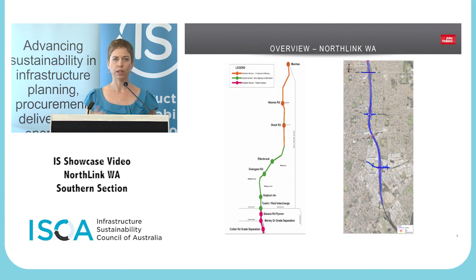So, for example, for the NorthLink project in the southern section, it's quite an urban area, and so that has challenges to do with connectivity and urban design and construction under quite heavy traffic. The central section also has some urban areas, but it has a lot more environmental areas which need to be taken care of. And water quality is a really big issue there because it sits across a water catchment protection area.